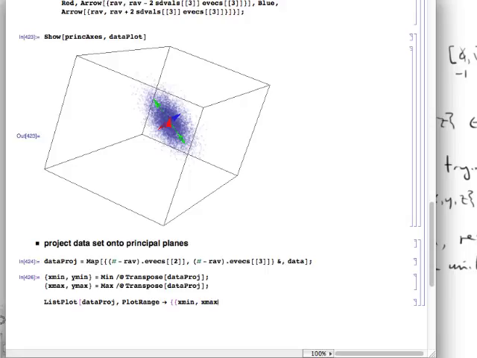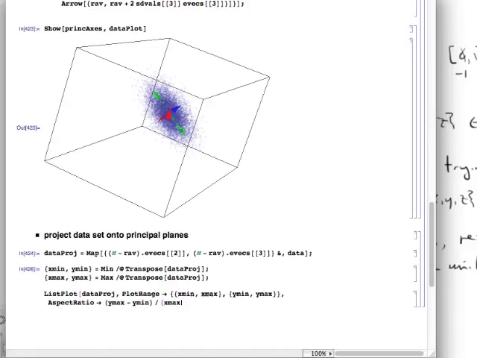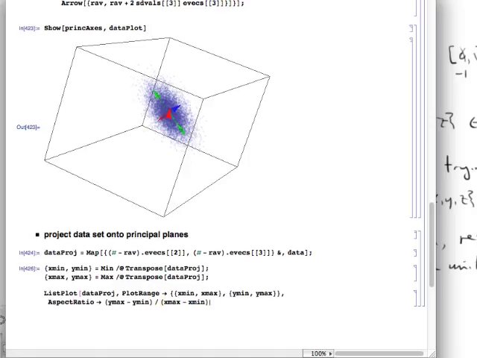You don't have to do that, it's just convenient to know what the range of the data should be, and again set the aspect ratio to be what it should be, which is comparing the y and x ranges in the following way.